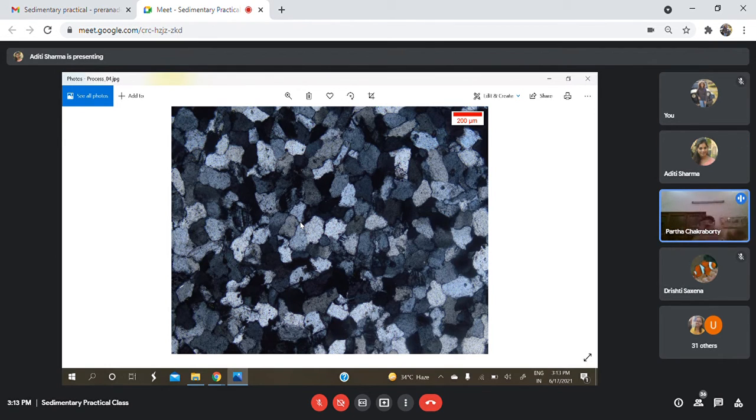Where burial is fast, there is more compaction, and grains come in contact with one another with very little pore space remaining, giving the concavo-convex relationship, grain suturing, grain fusioning. The burial is fast, so compaction is fast, the sediment loses porosity, and the chance of cementation is reduced and the grains get more compacted.